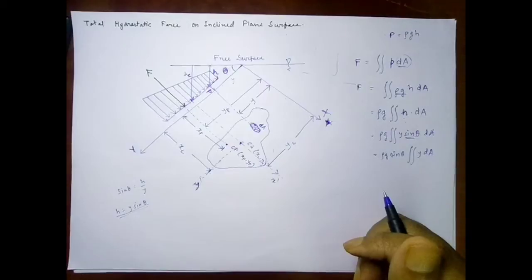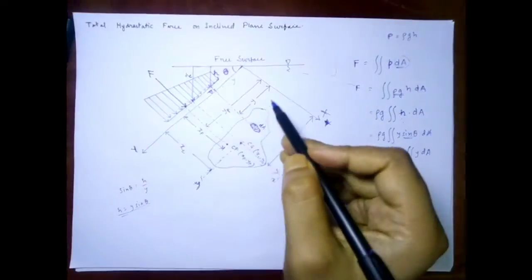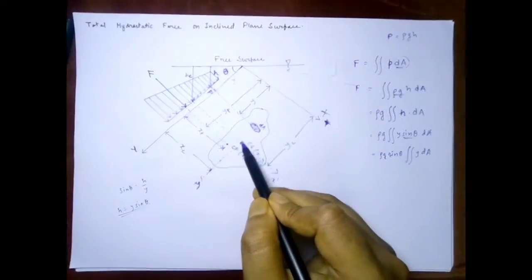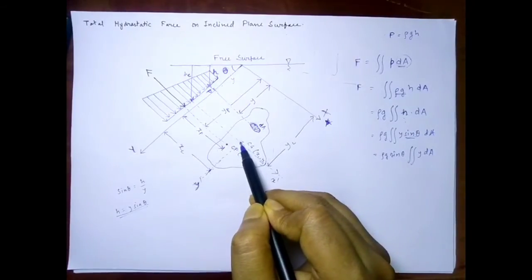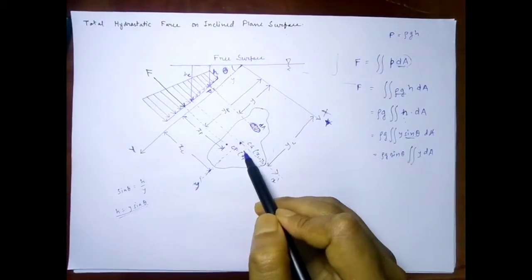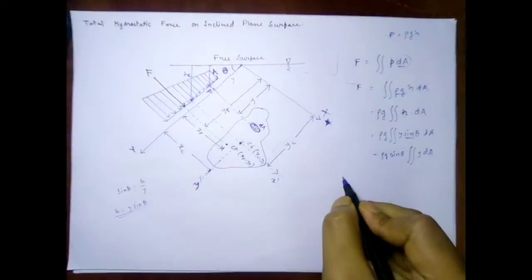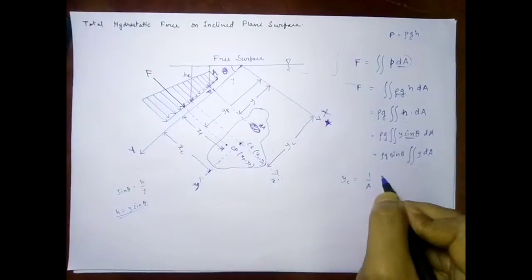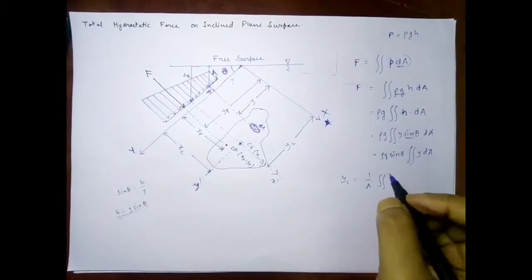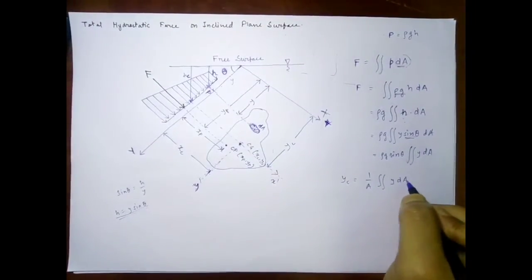So what can we do next? Let us consider that we have something called yc also, the center of gravity, and the ordinate yc can be defined by yc equals 1 upon A times the double integral of y dA.